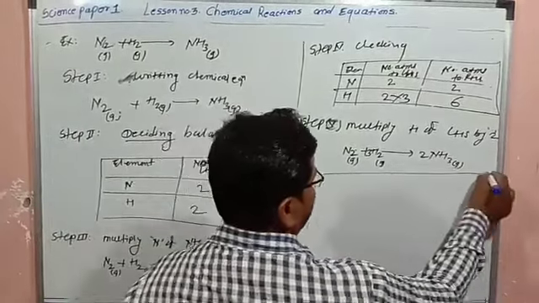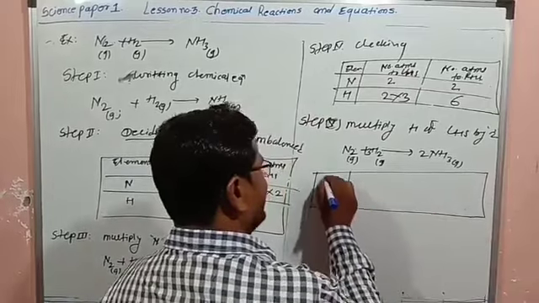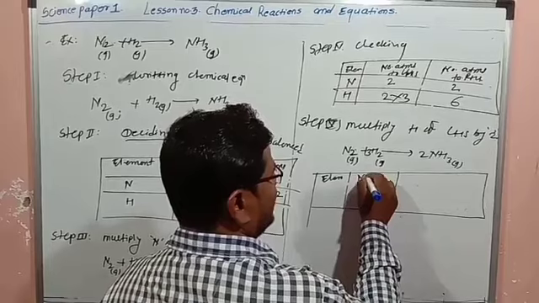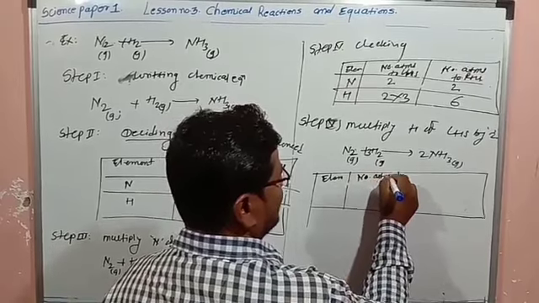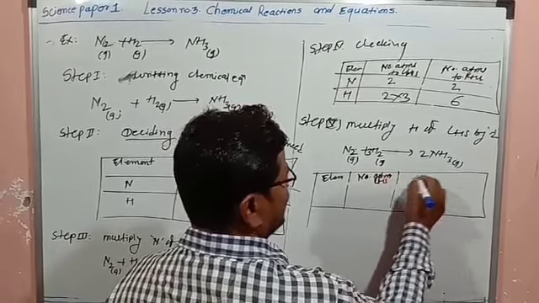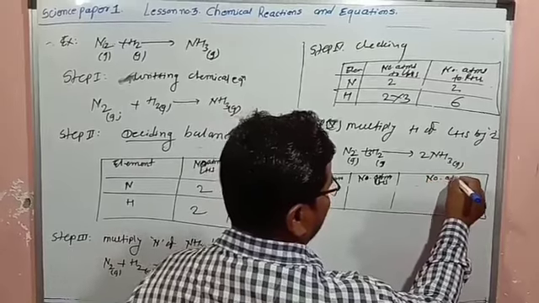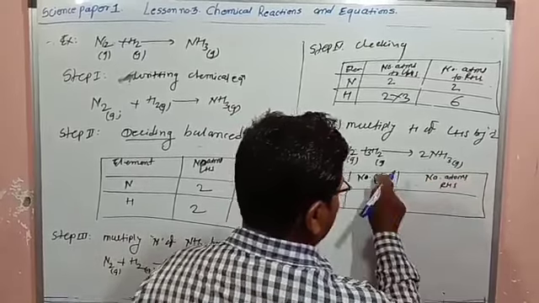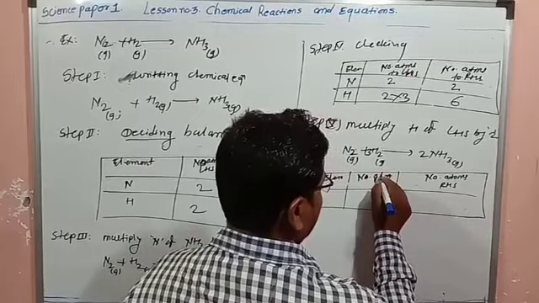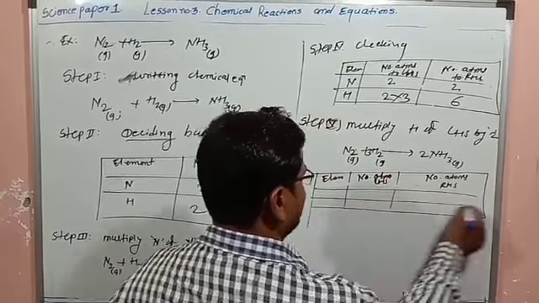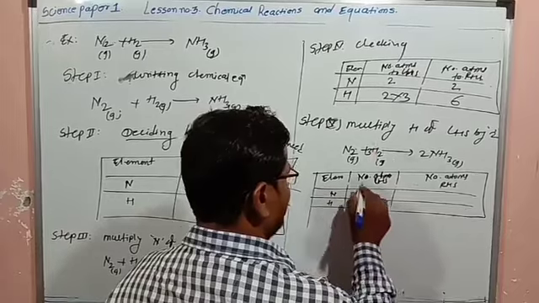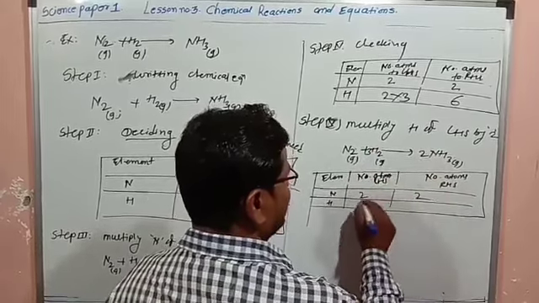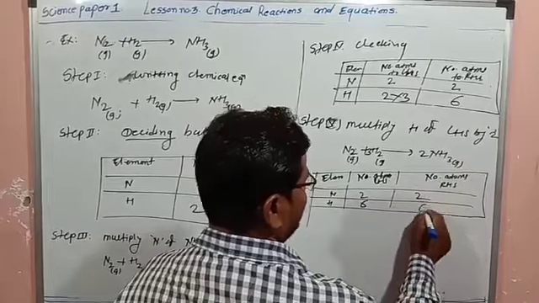So checking: element, number of atoms on the LHS, number of atoms on the RHS. Nitrogen, hydrogen: nitrogen 2, nitrogen 2; hydrogen 2 threes are 6, here 2 threes are 6.